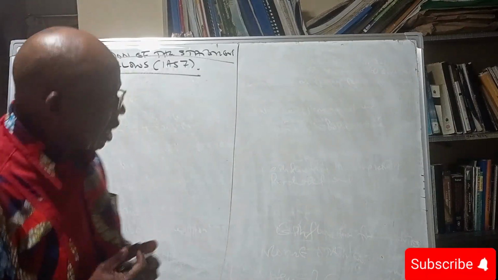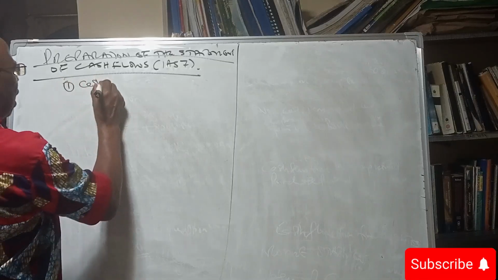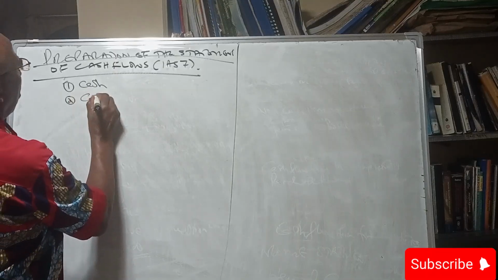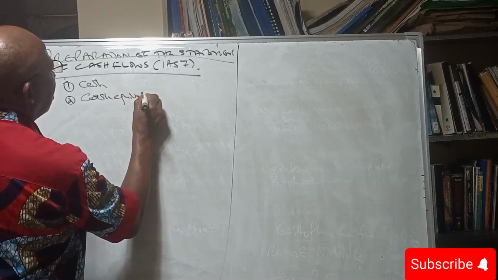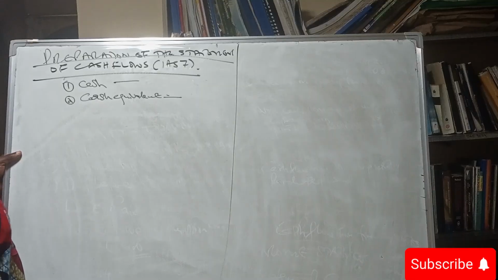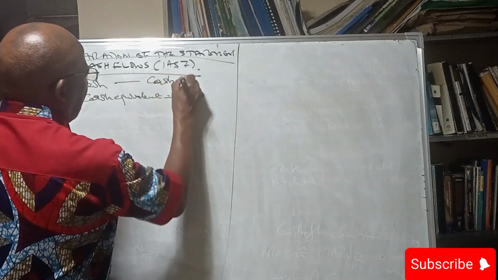So today I want us to just define two terms only. Number one is cash, and the other one is cash equivalent. Number one, cash will mean cash and demand deposits.